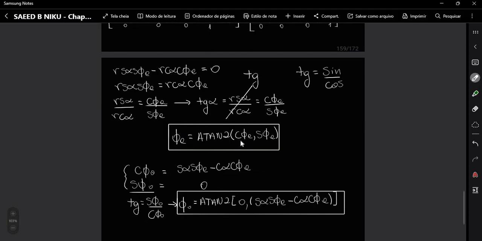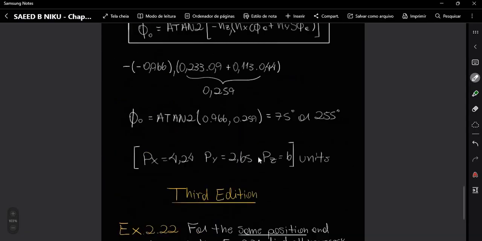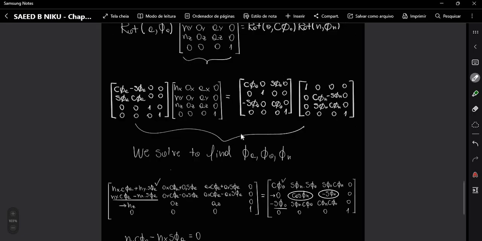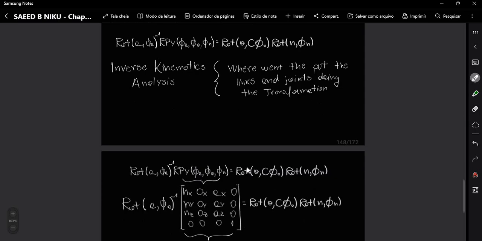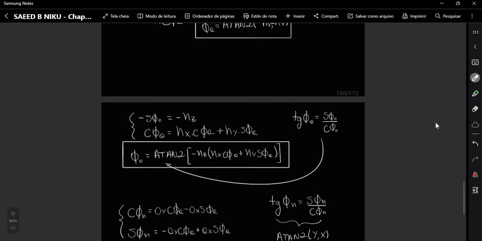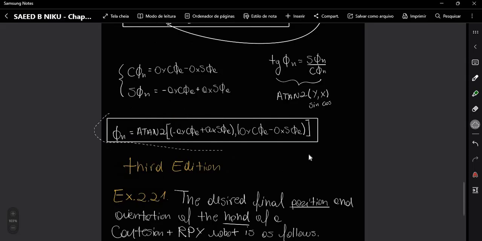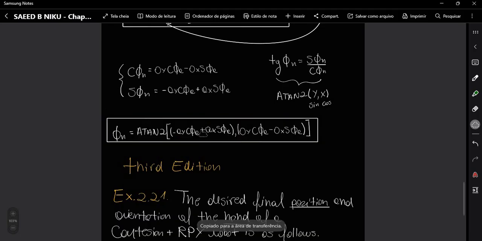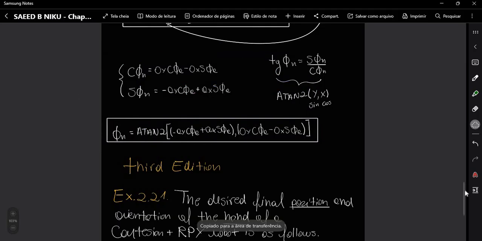And now the solution for phi n. Just to use as reference, let's see. Again, it is a pair, a pair with cosine and sine components.